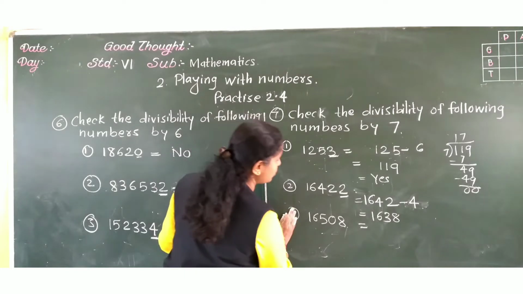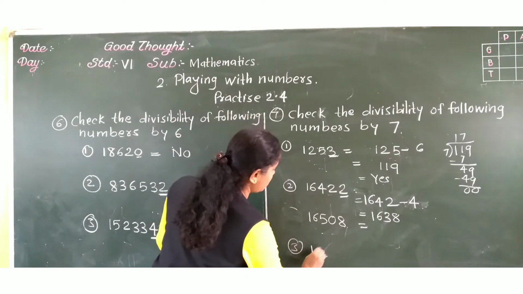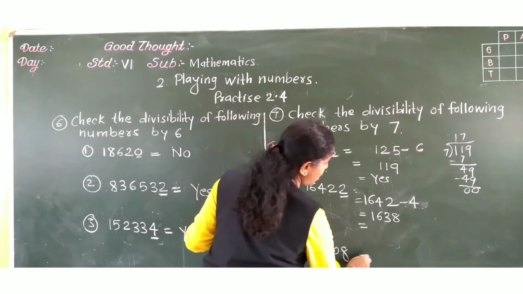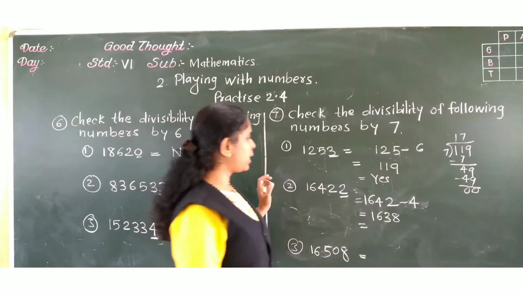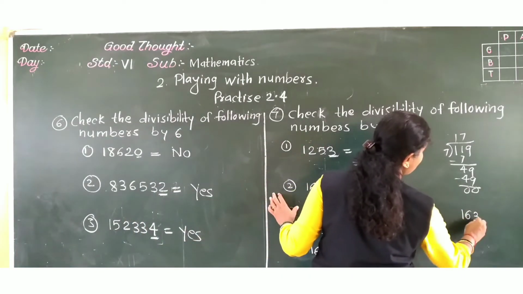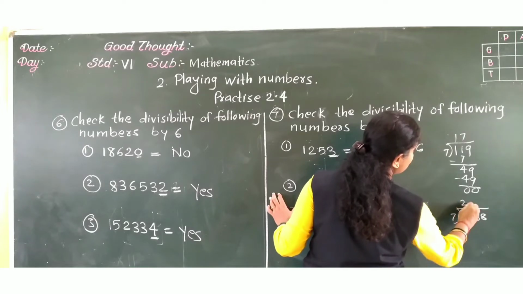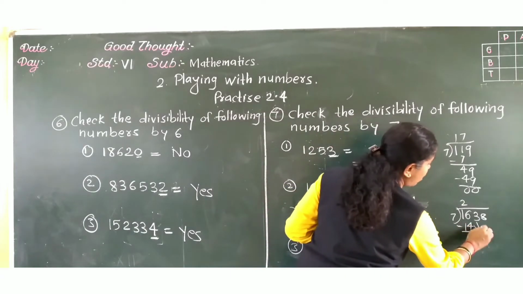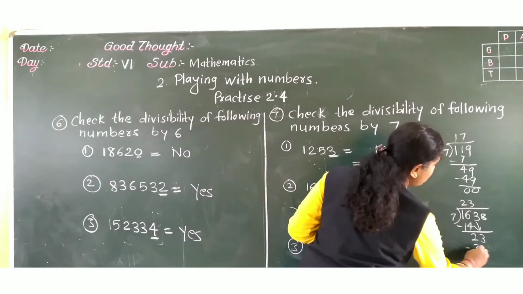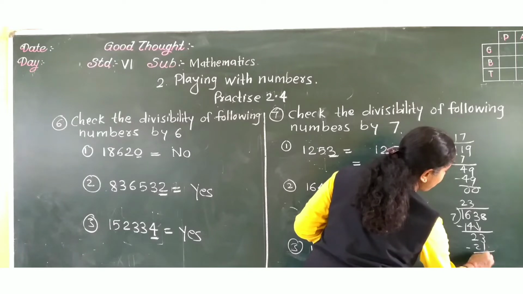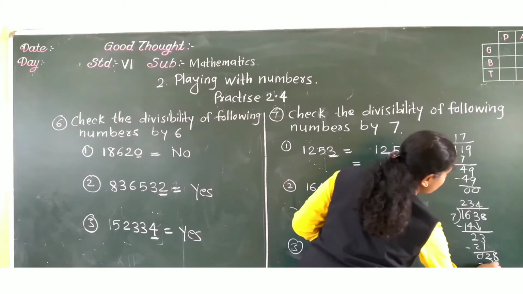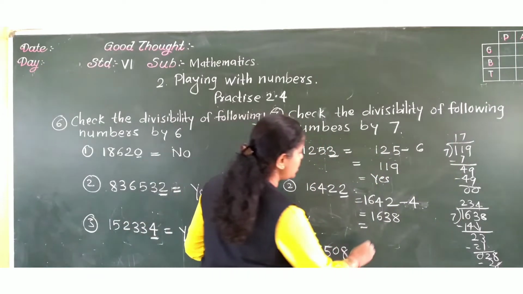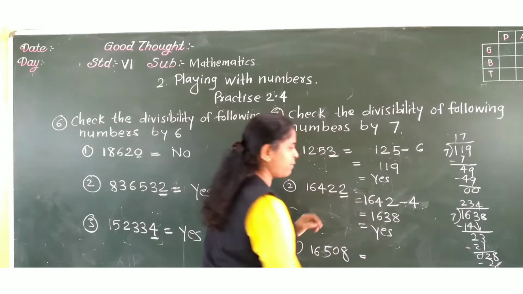Correct? 1638 is the answer. Now 1638, can we divide it by 7? We'll check. 16 minus 14 is 2. Take 3 down. 7 3s are 21. And 7 4s are 28. Yes, we can completely divide by 7. That means this number is also divisible by 7.